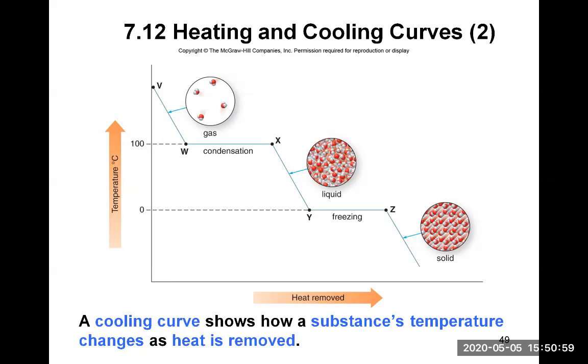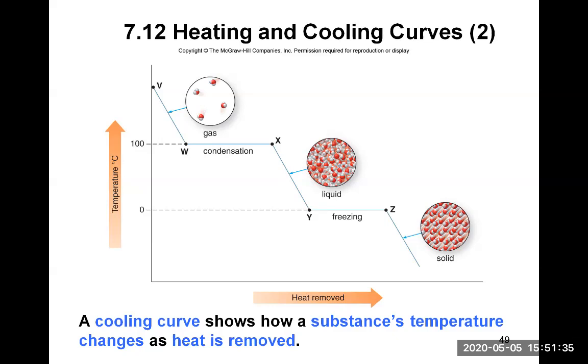So from point X, we only have a liquid now, and the heat removed will only decrease the temperature of the liquid. So we see now the temperature decreasing again from X to Y. The temperature of the liquid decreases as you remove heat. At point Y, we reach the melting point or freezing point of the substance, because here we are cooling down. So you go from a liquid to a solid, and that's called freezing.